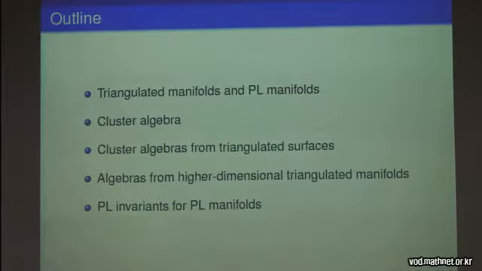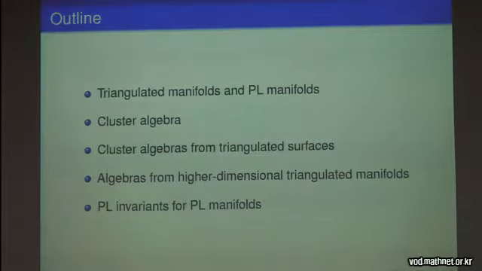For this cluster algebra, Fomin, Shapiro and Thurston gave a realization from the topology of surfaces. I will also introduce their work, and then I will show you how to define and construct the algebra in the general case.